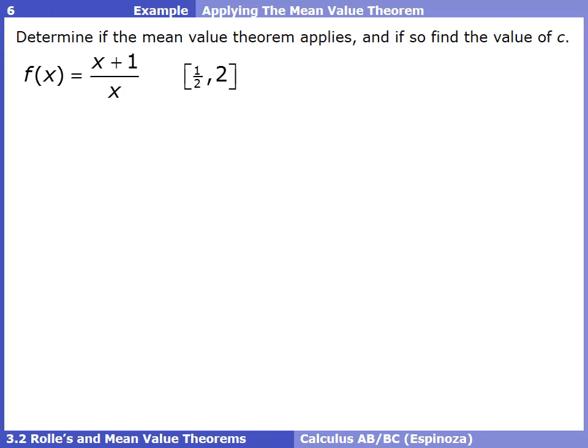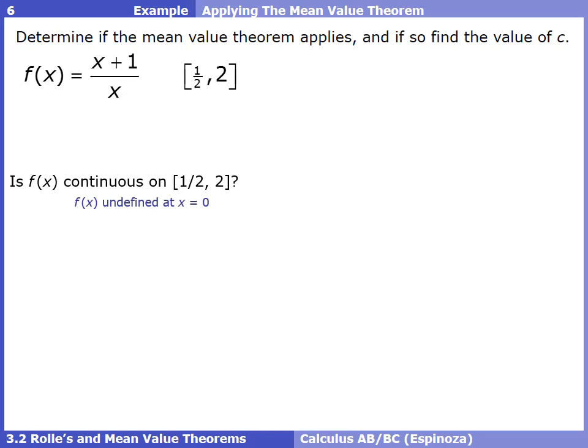Okay, one more problem. We have a new function and a new window to look at. So we need to determine, does the mean value theorem apply? Is this function continuous from 1/2 to 2? Well, we gotta be aware of something right away. You'll notice that our function is a fraction. And in the bottom of that fraction, we have an x.